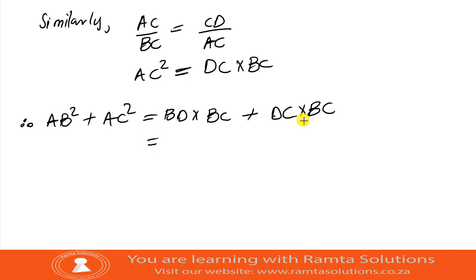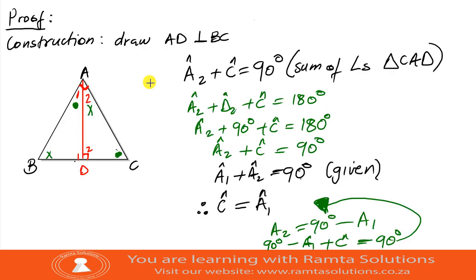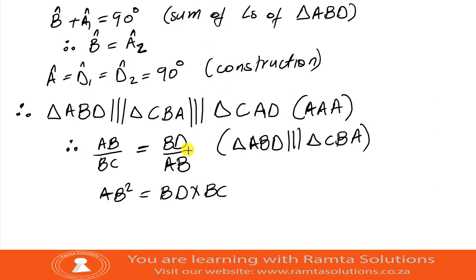Now, as you can see, you have a common factor BC. Take it out. What are you left with? You are left with BD and DC. Now, BD plus DC, what does it look like? Doesn't it look like BC? Indeed, it is.